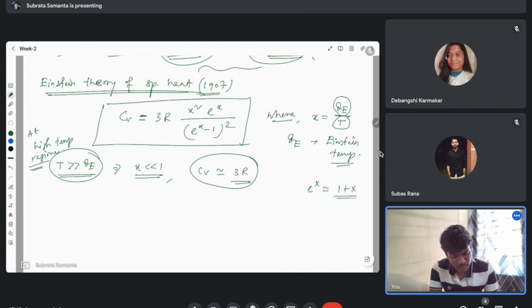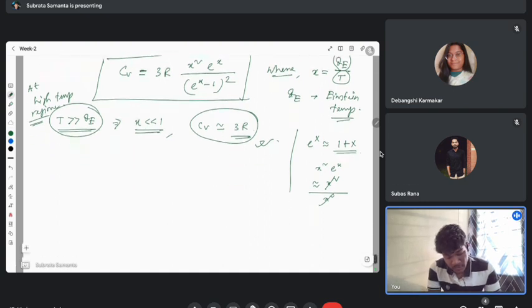And then x square e to the power x is nearly equal to x square. The denominator, e to the power x minus 1, is x. So the x square cancels, and it's just 3R, right?